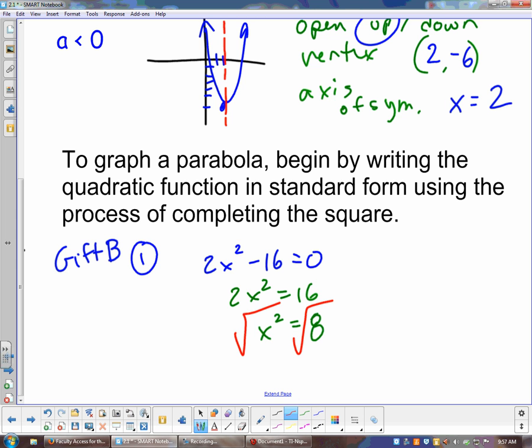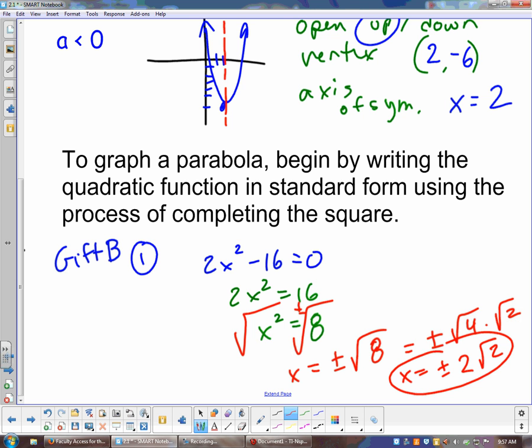What do I need to do when I take the square root of both sides? Plus or minus. So I really have x equaling plus or minus square root of 8, which, can I simplify that? 2 times 4. So square root of 4 times square root of 2. So I get plus or minus 2 square root of 2. Are we okay with this? Questions on this one?